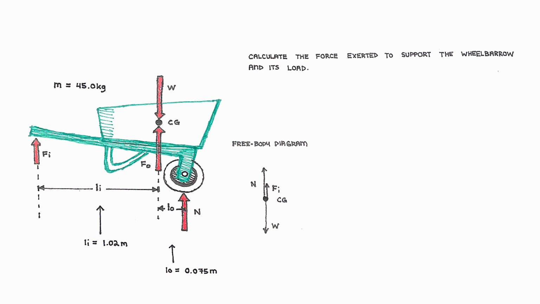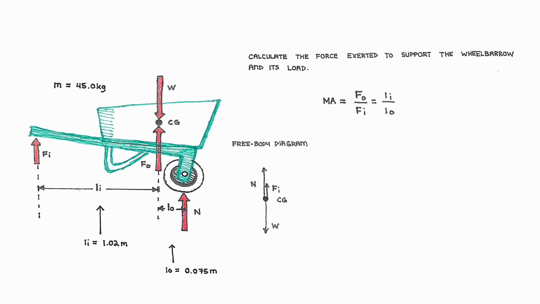Remembering from the last slide, mechanical advantage equals the output force divided by the input force, which also equals the distance from the pivot point to the input force divided by the distance from the pivot point to the output force. Before rearranging the equation, we have to remember Newton's second law of motion: force equals mass times acceleration.